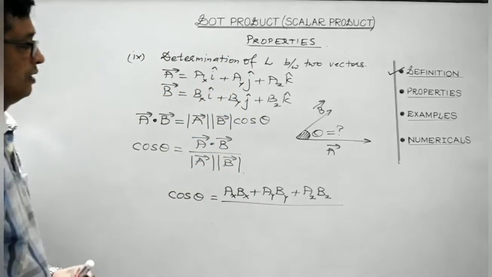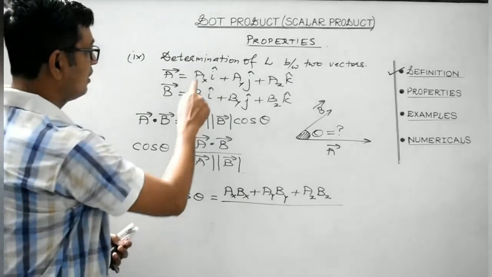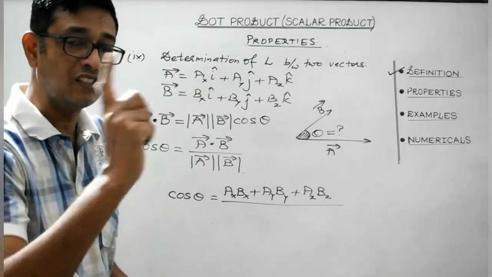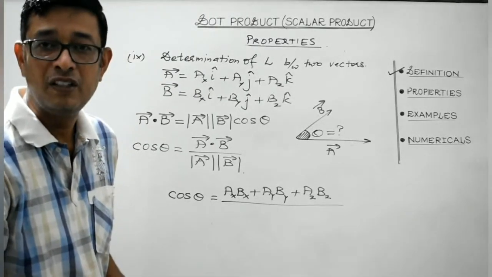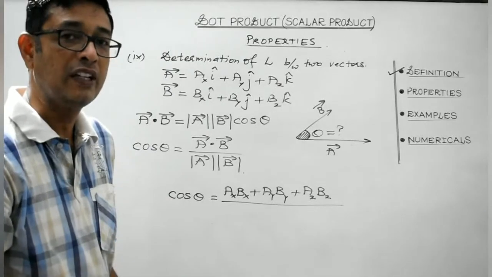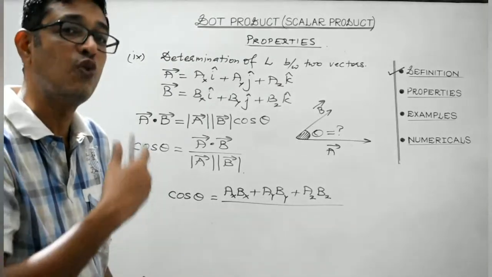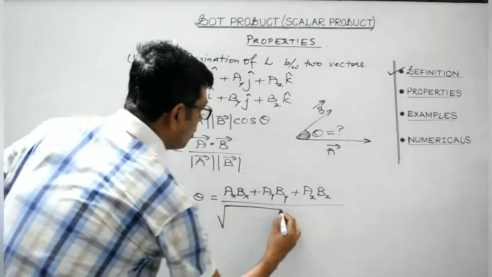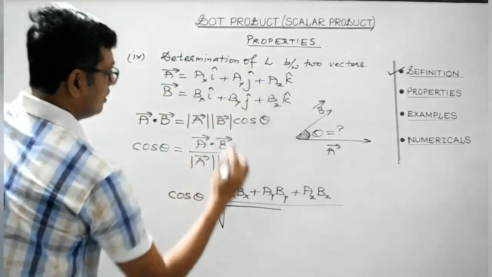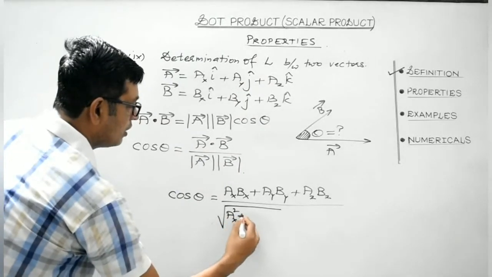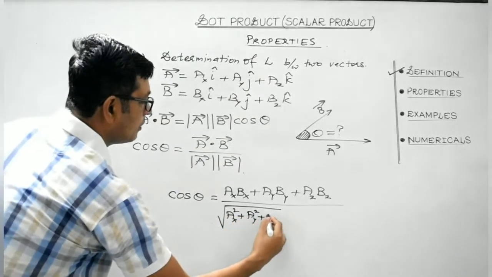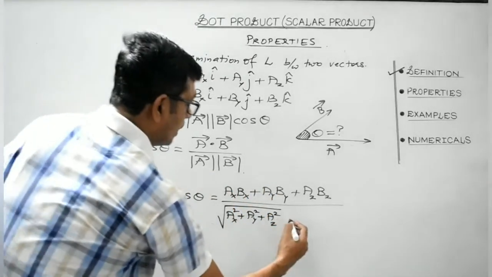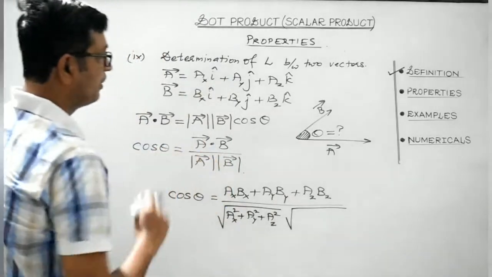Divided by. Now students, we are aware, if A vector is represented in terms of its rectangular components, then its magnitude, we have discussed earlier, is given by the square root of the square of the coefficient of i plus the square of the coefficient of j plus the square of the coefficient of k, right? So what about the magnitude of A vector? It will be ax square plus ay square plus az square. This will be the magnitude of A vector multiplied by the magnitude of B vector.